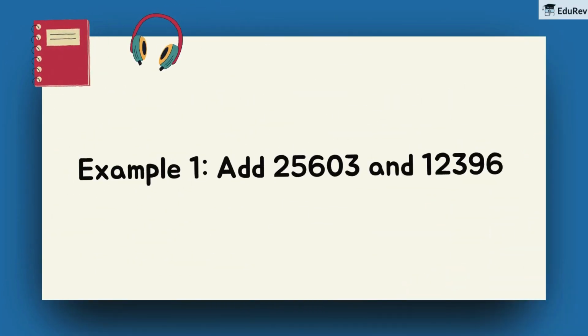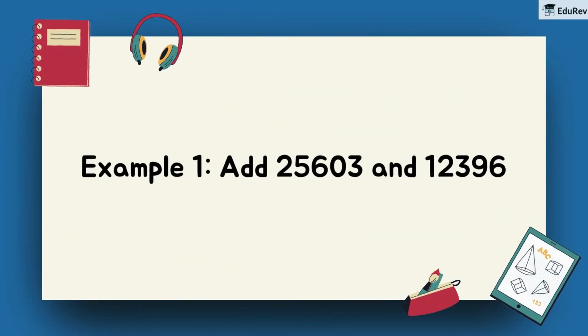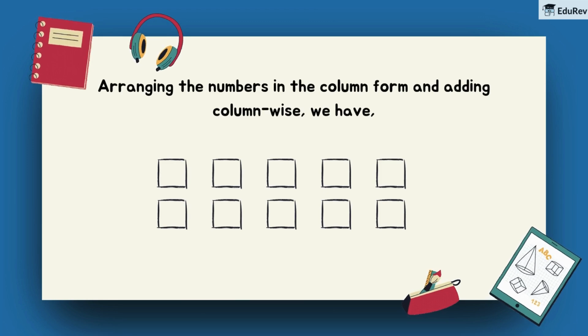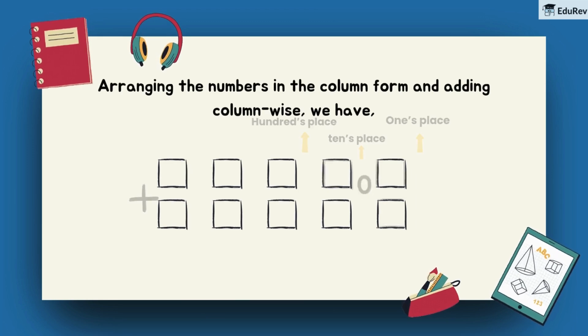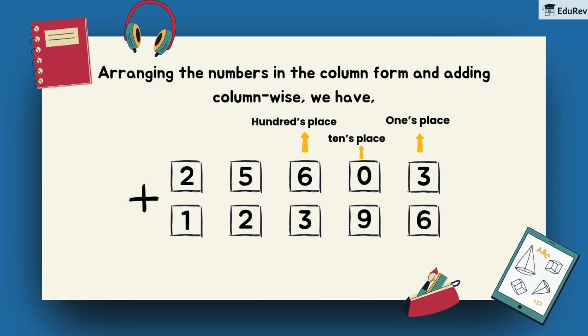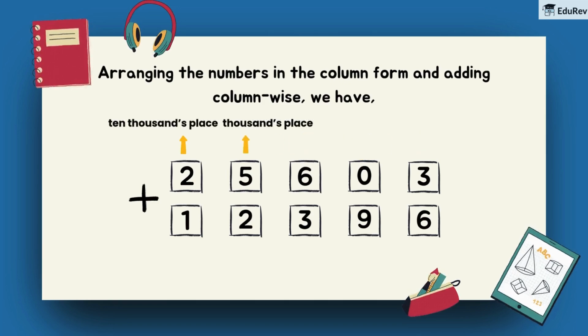Example 1. Add 25603 and 12396. Arranging the numbers in the column form and adding column-wise, we have last 3 digits of the numbers at ones, tens and hundreds place. First 2 digits of the numbers at 10,000s and thousands place.